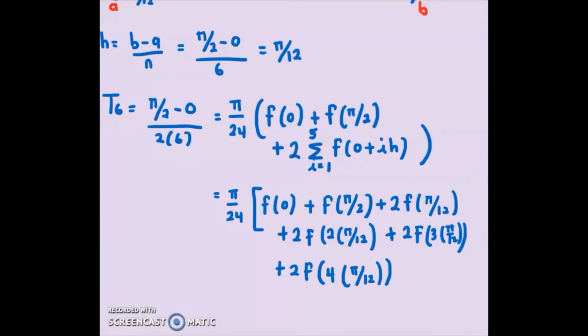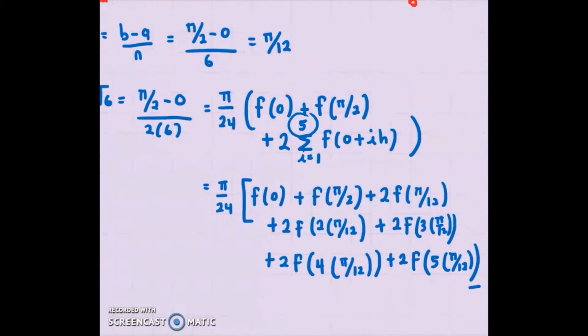I think you get the idea, up to 5. Plus 2 times f, 5 times pi over 12. Okay, don't forget all this. It's a big summation here.